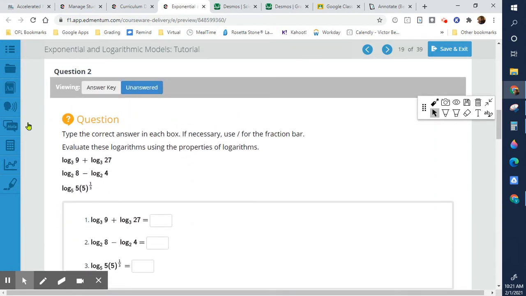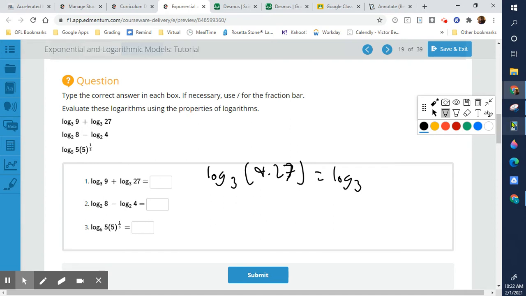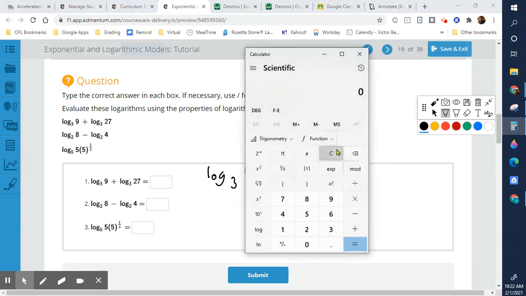All right, so we have this long, complicated thing, and essentially what we have to do here is solve all of these. Well, all of these are base 3. Well, base 3 means we can multiply them. So what I'm going to do here is say, this is the same thing as log base 3 of, let's find out what 9 times 27 is. 3 times 3, 9.